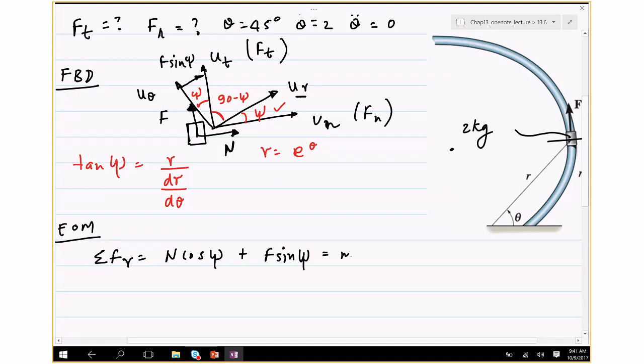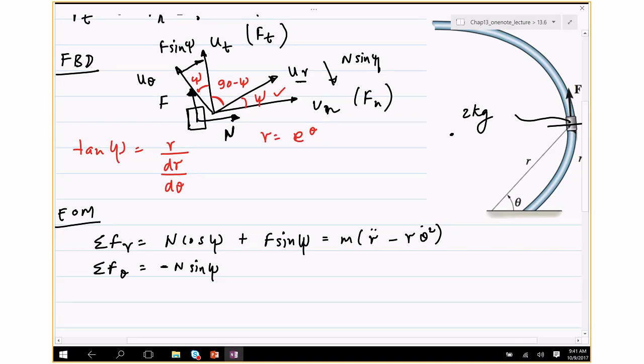So mass times r double dot minus r theta dot squared. And then for the theta direction, I need to find the force N in the theta direction. So it's going to be N sine of psi. So it's going to be this way. It's going to be negative.